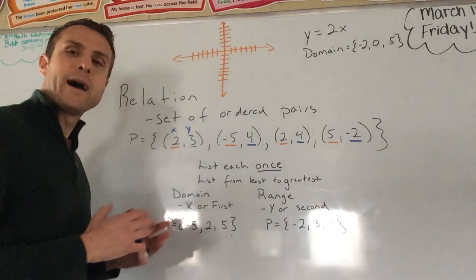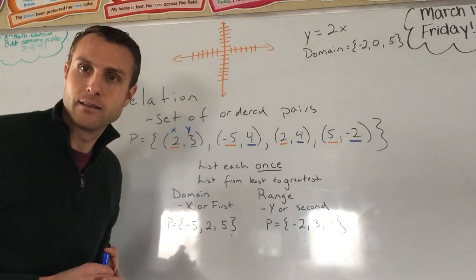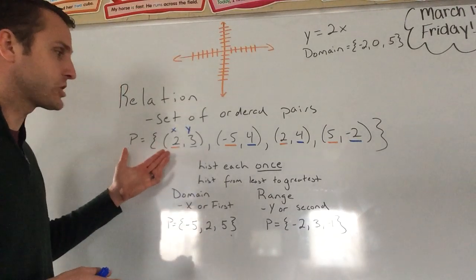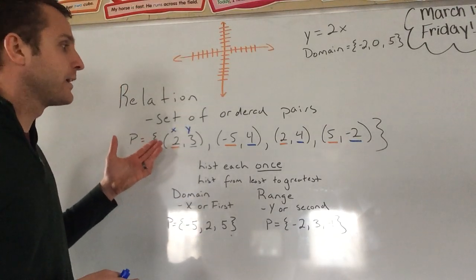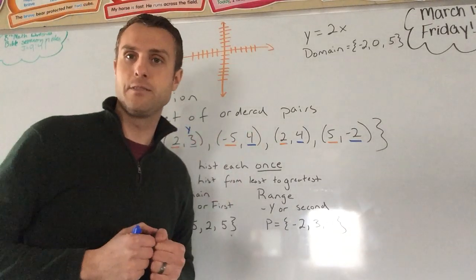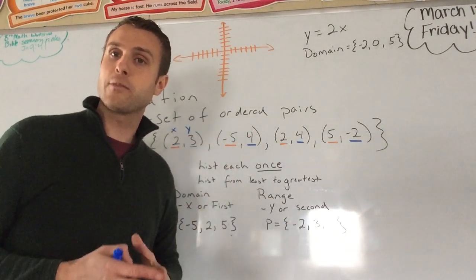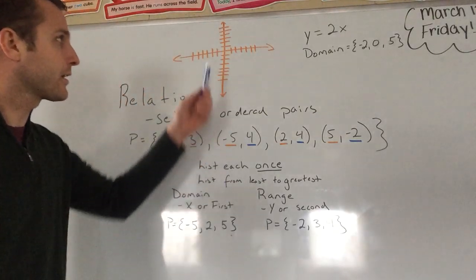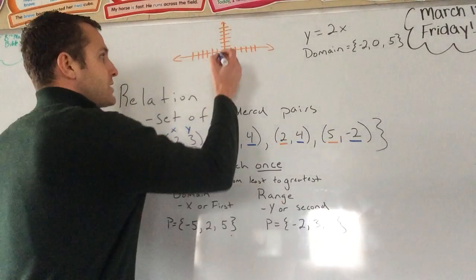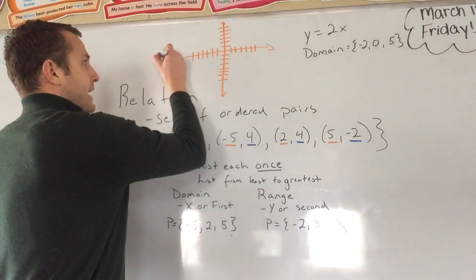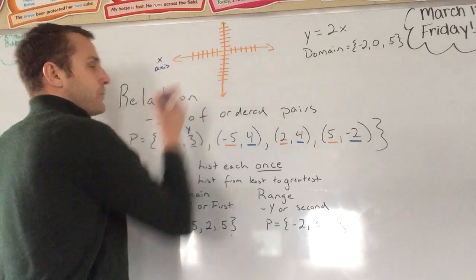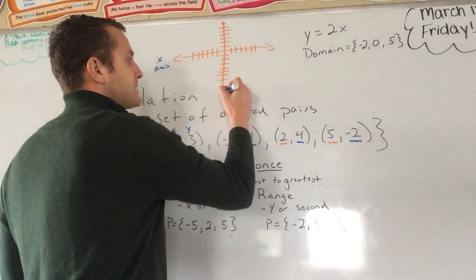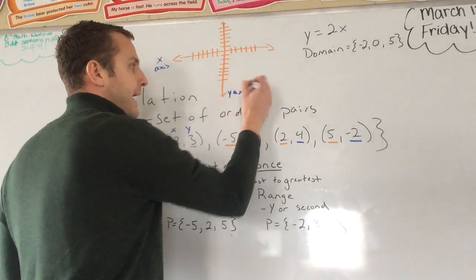Now, what about graphing a relation? Well, if I want to graph a relation, I need to graph every single one of these points. So, remember from last lesson, when we graph points, we always start at the origin. Remember I have an x-axis. X is left to right. Very important to remember. X-axis, left to right. Y-axis is up and down.